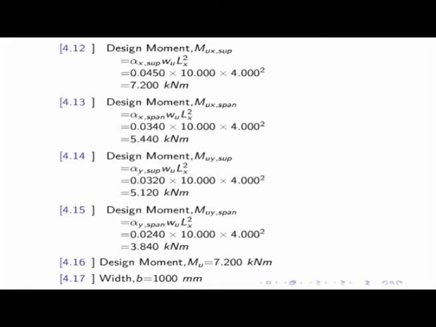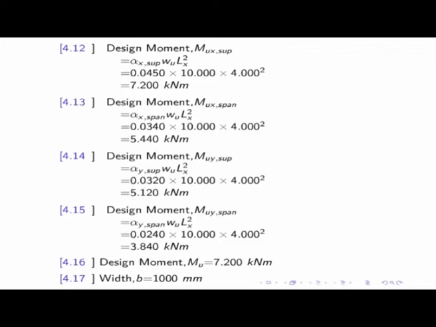So design moment, immediately I can calculate Mux at support: alpha x support times wu Lx square, so 0.045 times 10 times 16, so 7.2 kilonewton meter. Design moment Mux at span, again I can find out, say 5.44. Design moment Muy at support 5.12 kilonewton meter, and then span 3.84 kilonewton meter.